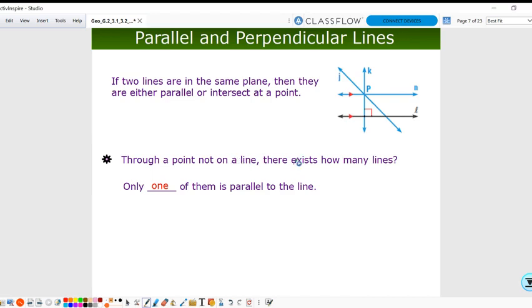So let's say we have a line, and we'll call it AB, and we have a point C that's not on the line. I can only draw one line through point C that will be exactly parallel to line AB. So these lines would then be parallel.